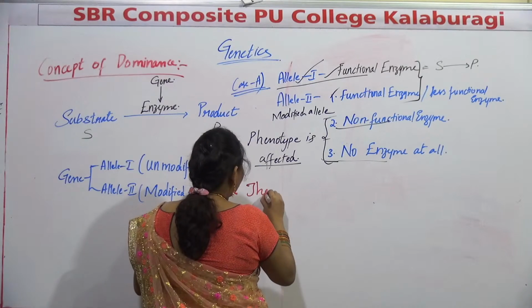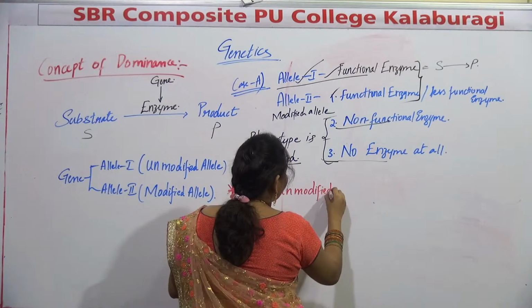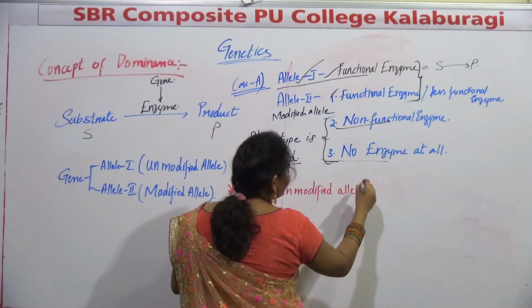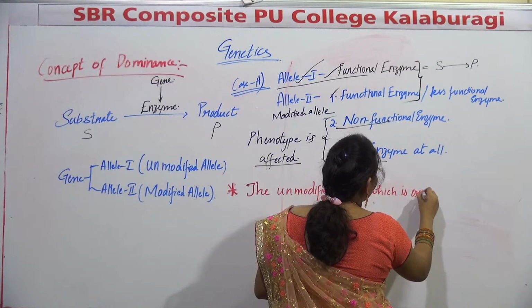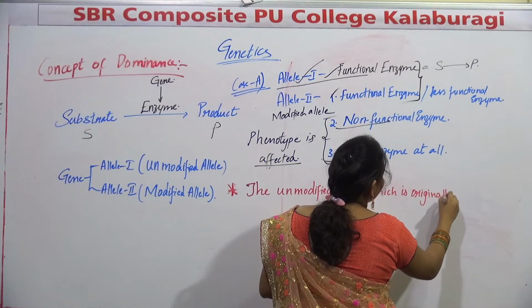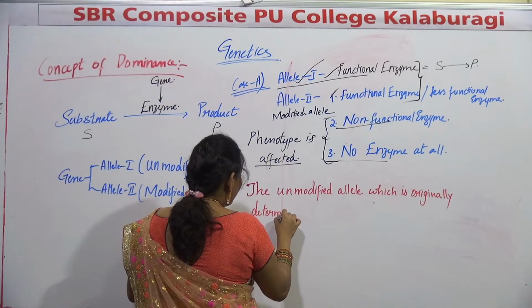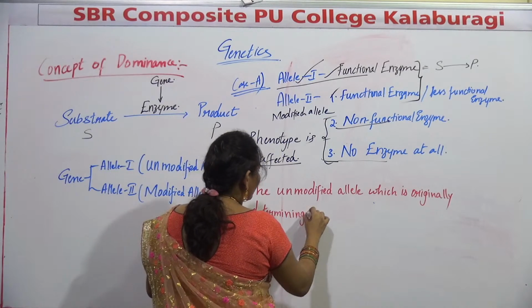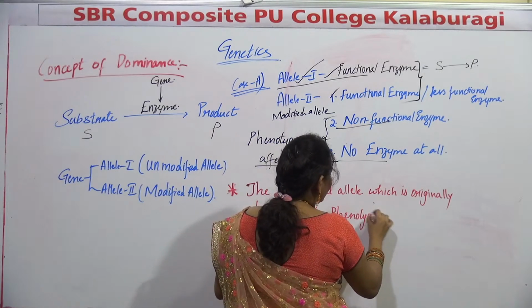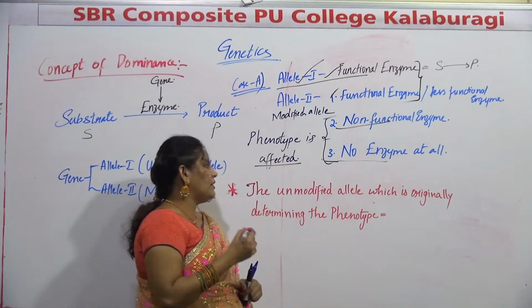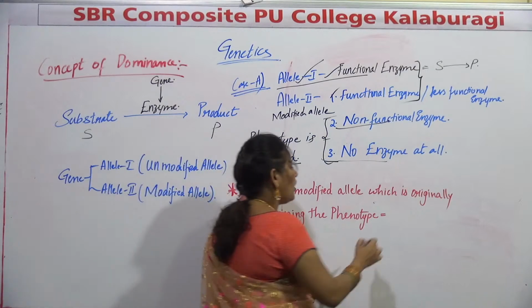The unmodified allele which is originally determining the phenotype is said to be the dominant allele.